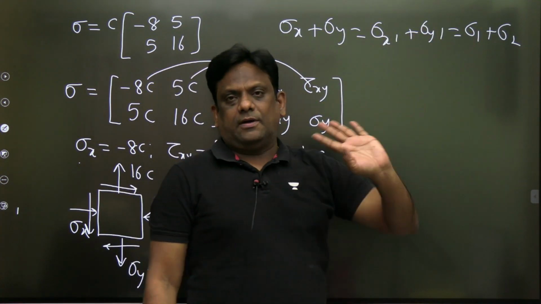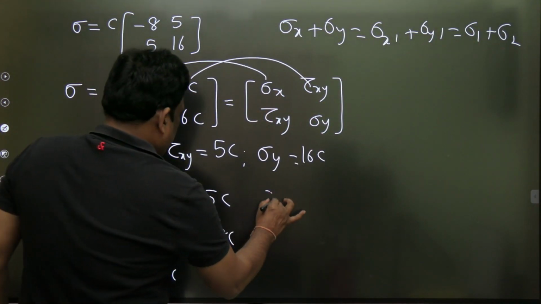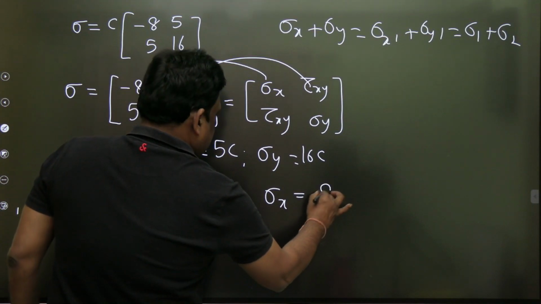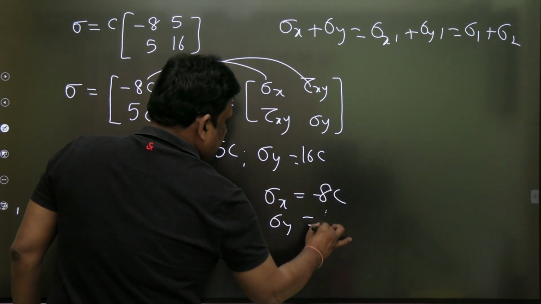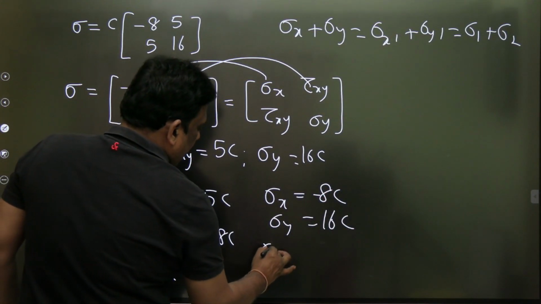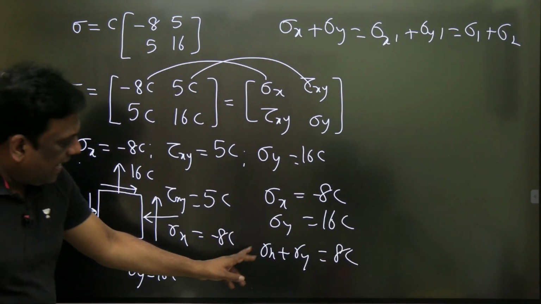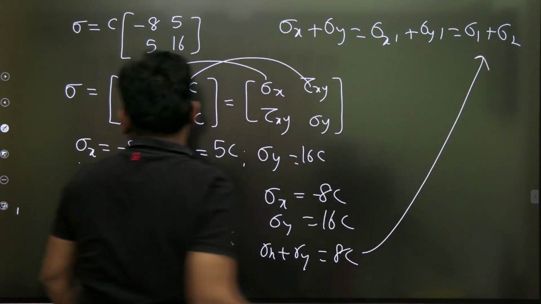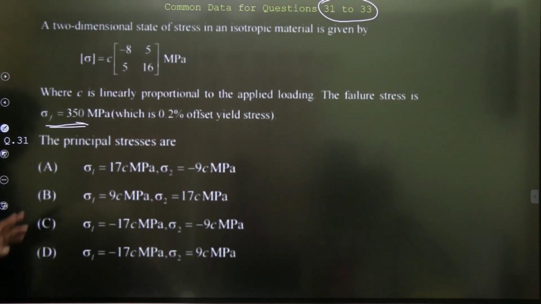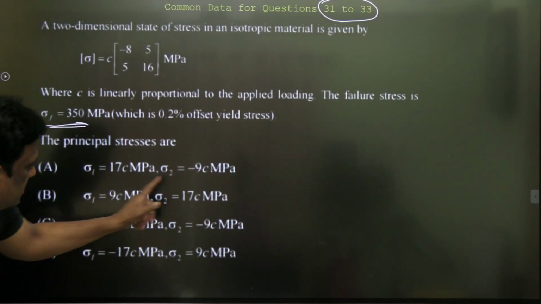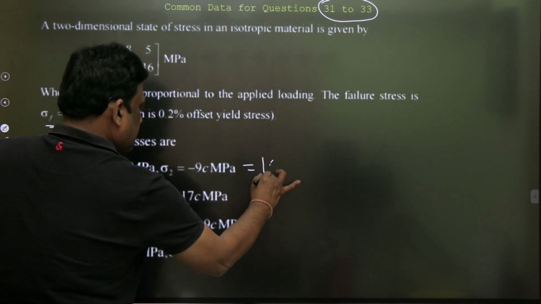If sigma 1, sigma 2 are principal stresses, so add: minus 8C, and sigma y is 16C. So what is sigma x plus sigma y? This is equal to 8C. So sigma 1 plus sigma 2 should also be 8C. Let me check the options. You add sigma 1 plus sigma 2, this is coming out to be 16.